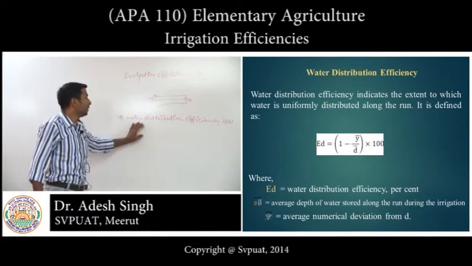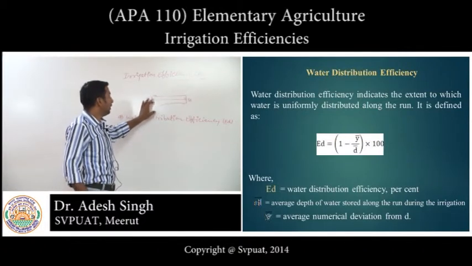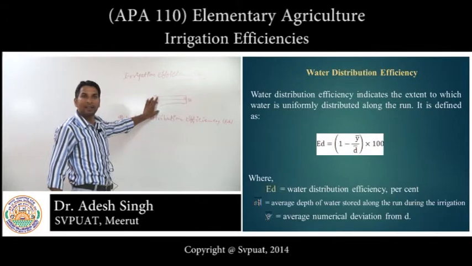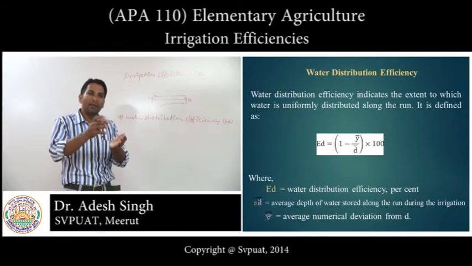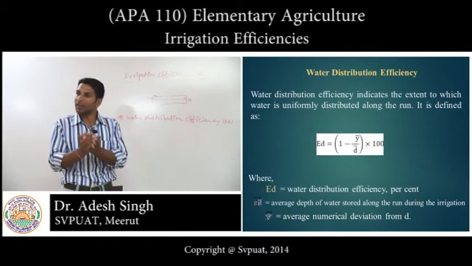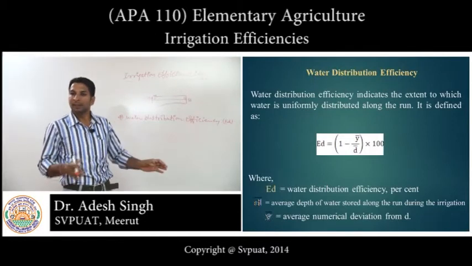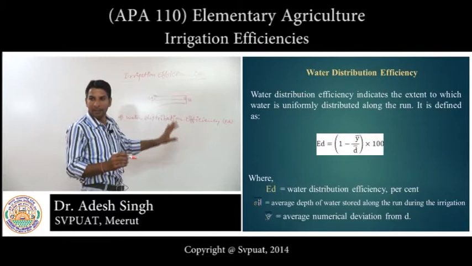So water distribution efficiency means if the distribution is uneven, then there is wastage of water, or you can say the water actually utilized by the crop plant is not even. Clear?